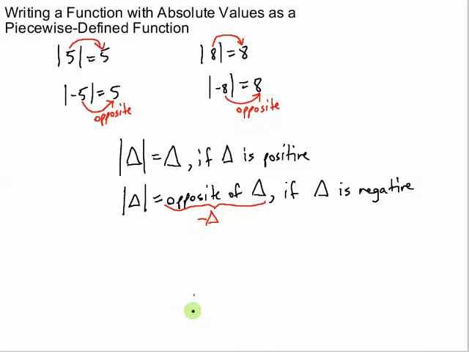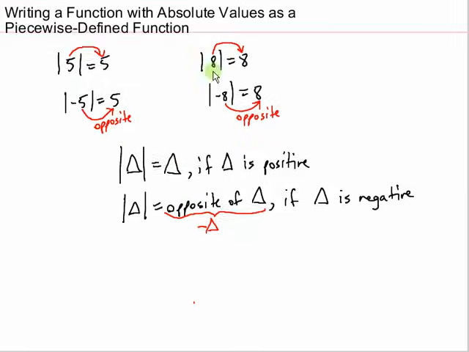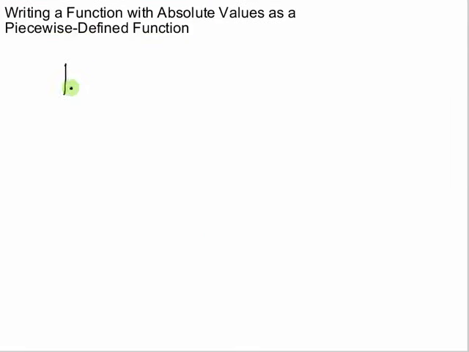Okay? So we can now take any absolute value function and write it as a piecewise defined function by doing this. The function absolute value of triangle is going to equal triangle if triangle is positive, so I'll say greater than 0, and in fact we can say greater than or equal to, because if it's 0 inside you get 0 out.